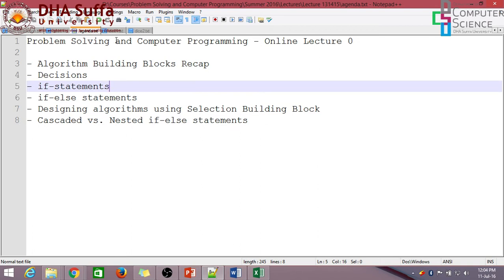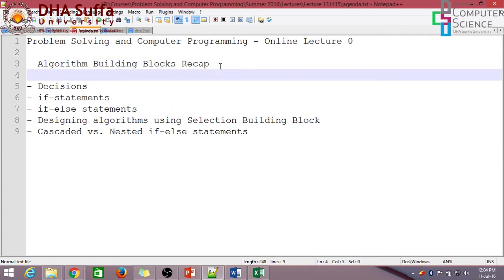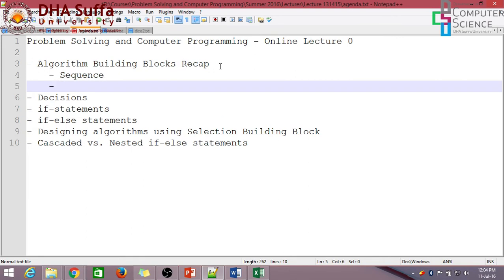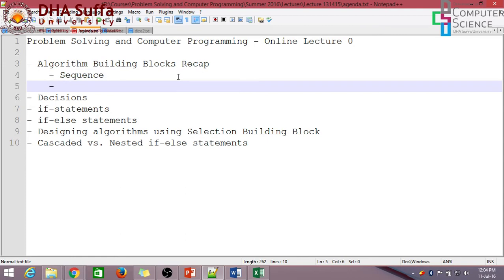Alright, so let's talk about the algorithm building blocks. We talked about three basic algorithm building blocks. One was sequence, which means that all of the statements are executed one after the other. Then the second building block is called selection, which means that certain statements are executed and certain are not executed.